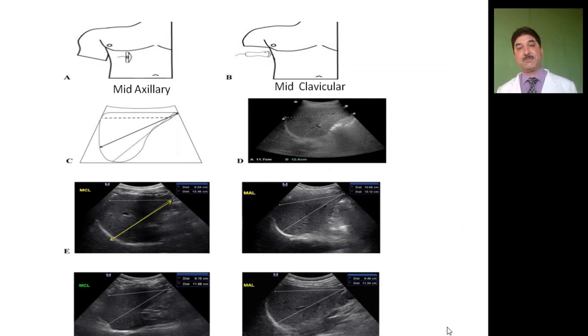We take the dimension from the undersurface of the diaphragm to the inferior border of the liver. So this is how we take measurements of the liver in longitudinal section, and normally this length is 16 centimeters.